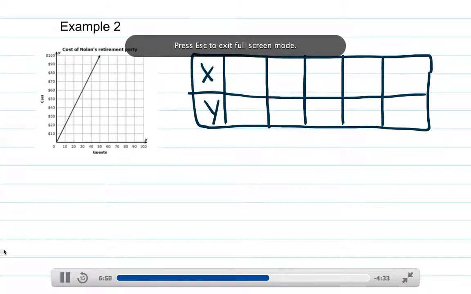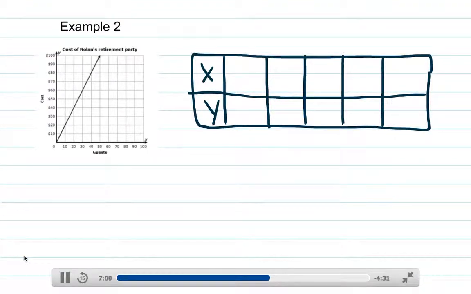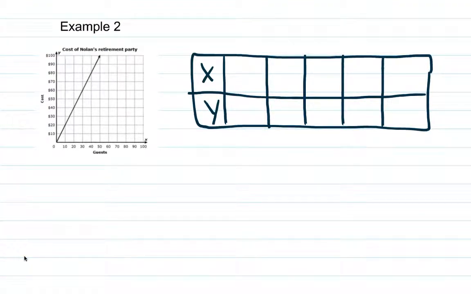As you can see, I do not have points actually laid out for me, so what I'm going to do is I'm going to make them. There's one at 0, 0. There's one at 10, 20. So I'm going to actually write this in.